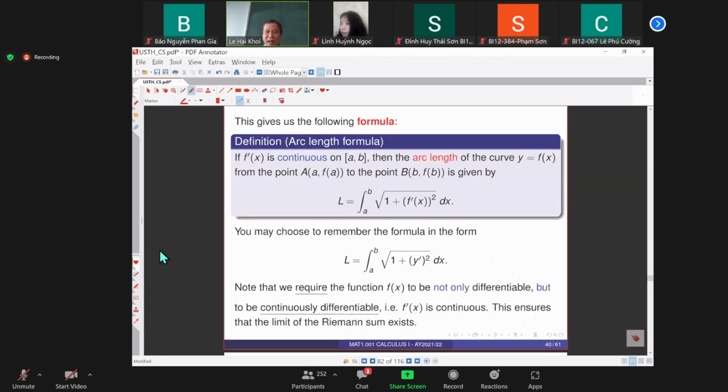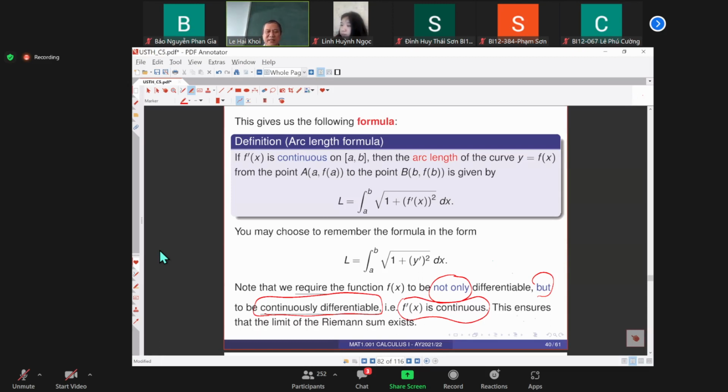See, I wrote here, explain very clearly. We require the function f to be not only differentiable, but f prime must be continuous. In this case, we say f is a continuously differentiable function.